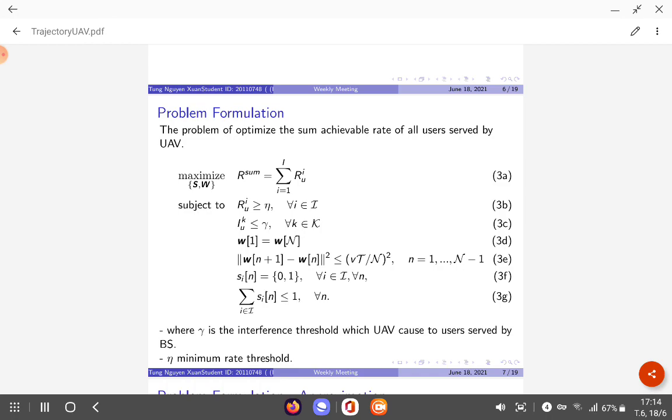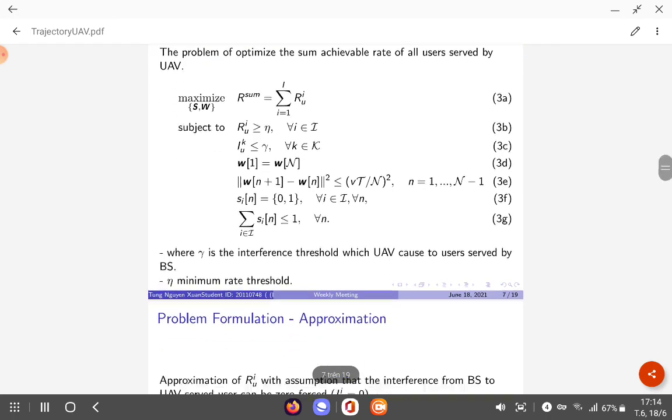It has to be circular, closed. That's constraint 3D: the UAV has to move back to the first location. And 3E is the constraint about the maximum distance of movement of the UAV. The last two constraints are about time slot allocation for each user served by the UAV.